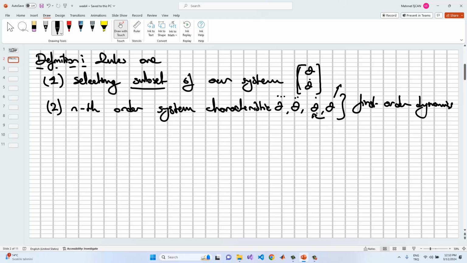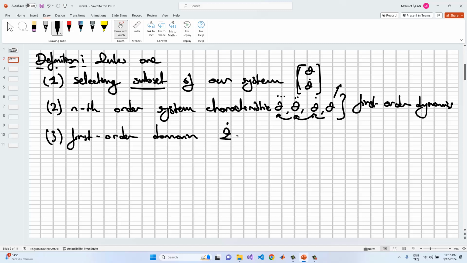So we can build another vector, theta dot, and then we can build the acceleration by the derivative operation, and then we take the derivative of this term and get the triple dot operator here. Okay, but all of them are given in the first order domain.